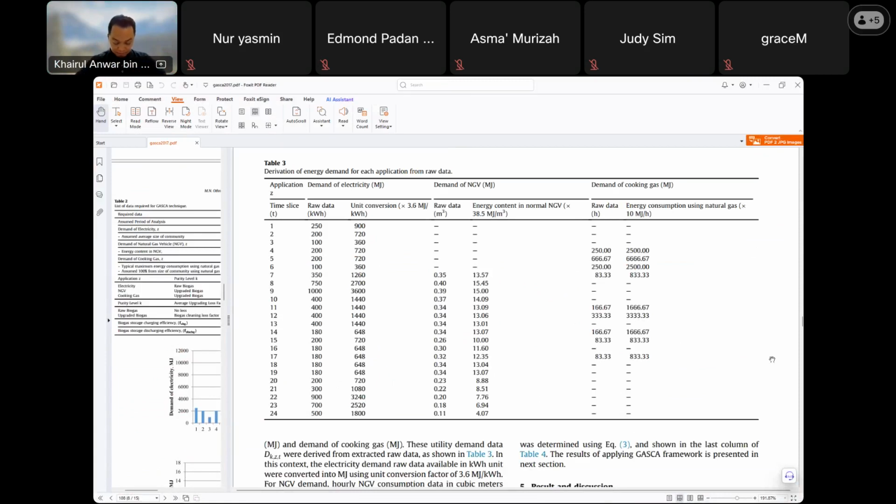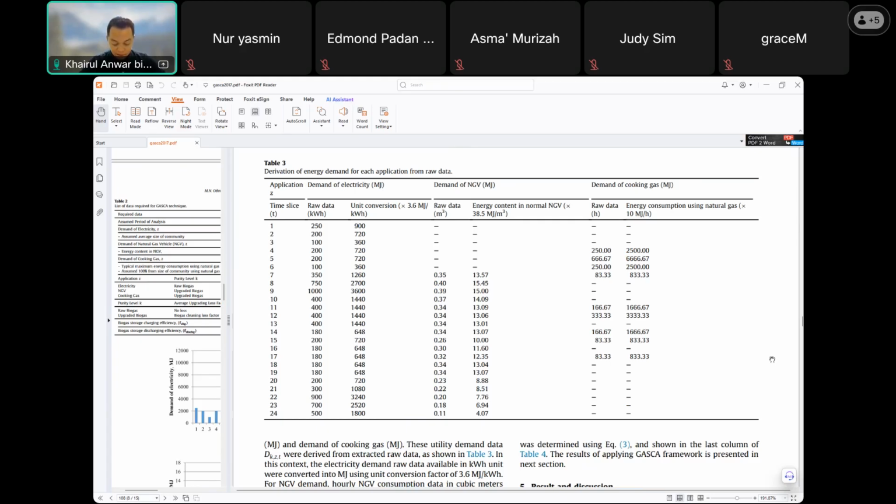So in this context, the electricity demand raw data available in kilowatt hour unit were converted into megajoule using a unit conversion factor of 3.6 megajoule per kilowatt hour.